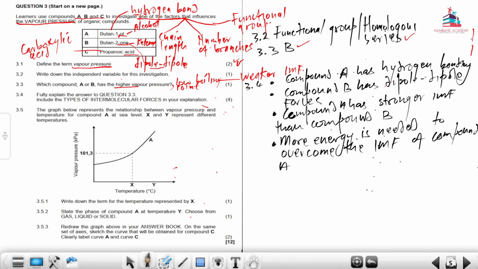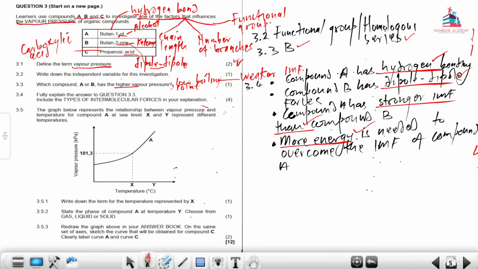We identified the type of bonds found in each. Thereafter, we're able to compare the strength. So it will be one for saying hydrogen, one for dipole, one for comparing the strength, and then one now for the energy. That is how you get your 4 marks. The principle will always be the same.